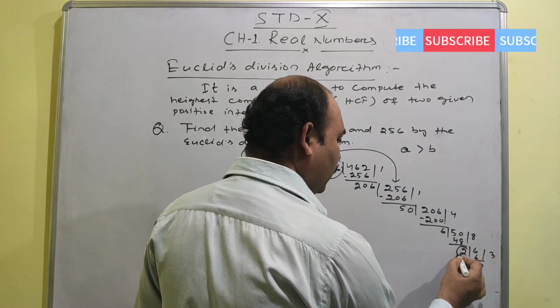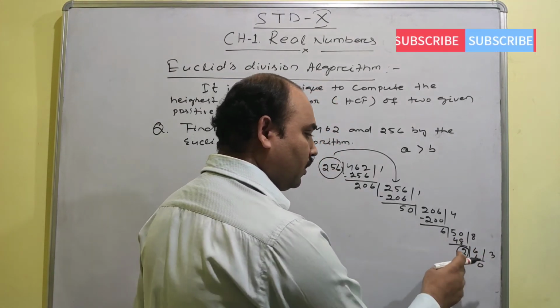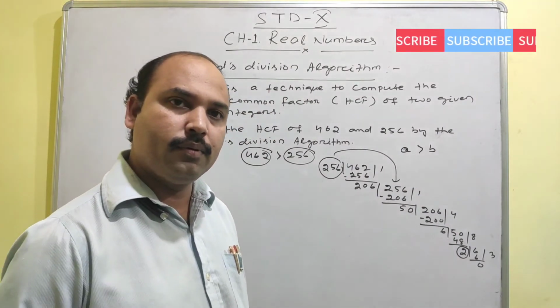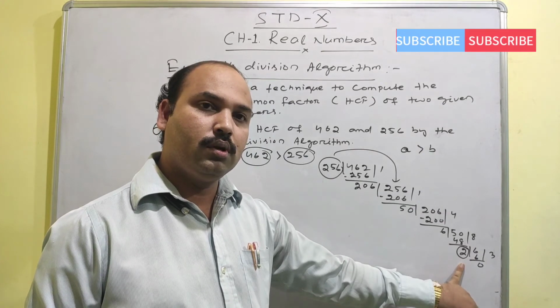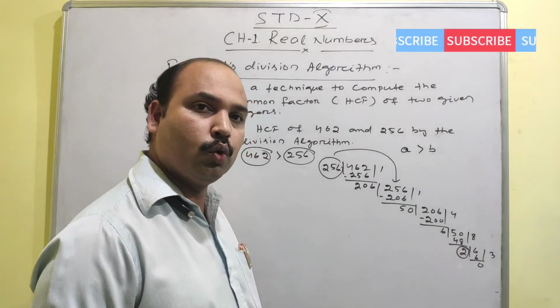Whatever the divisor is at the last step, it will be the HCF. Here the HCF is 2.